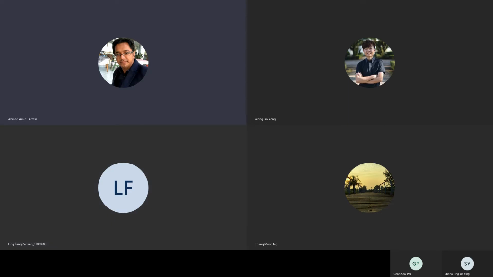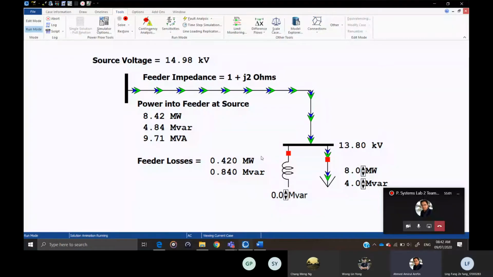Share your screen. Can you see my screen? Not yet.